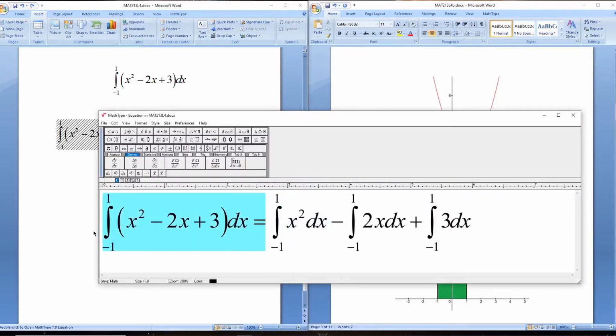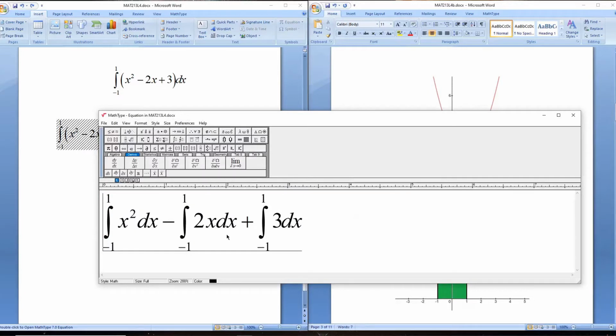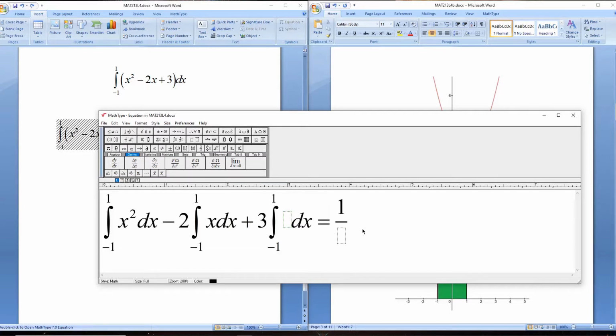Let's take our integral here and see if we can do any cleanup steps. Like this second integral, there's a constant 2, so we can pull that outside. And the third integral does have a constant 3 that we could pull outside. Then we will get those antiderivatives. The antiderivative of x squared: remember, we're going to be adding 1 to the exponent, so we'll get 1/3 x cubed.